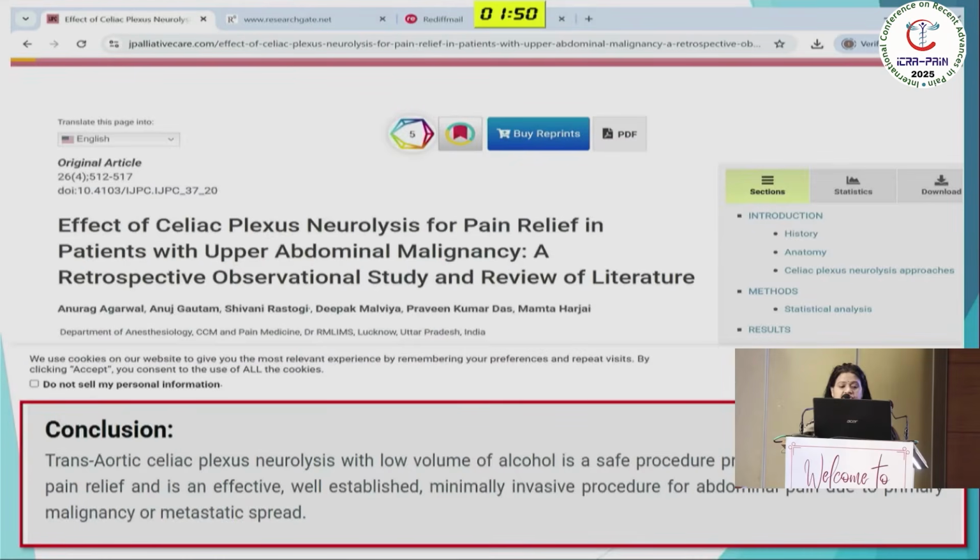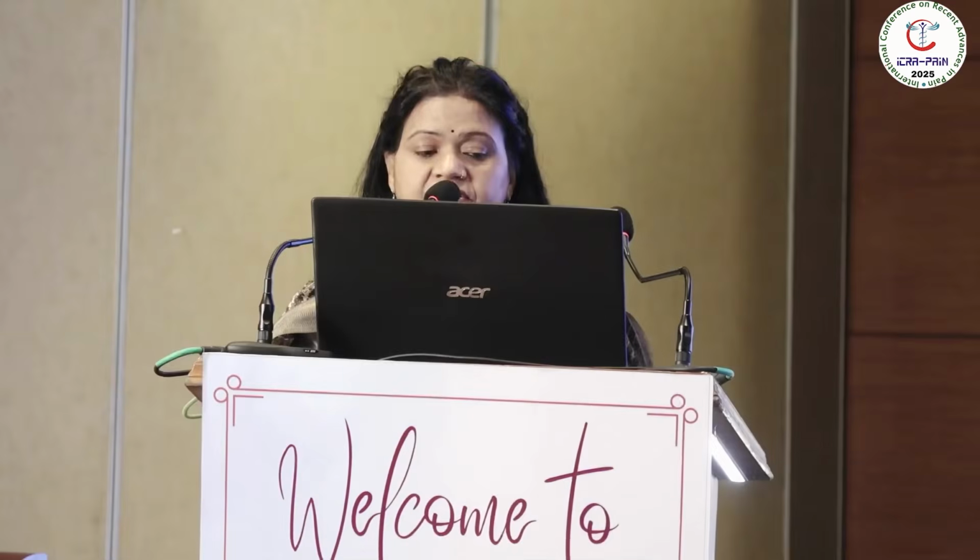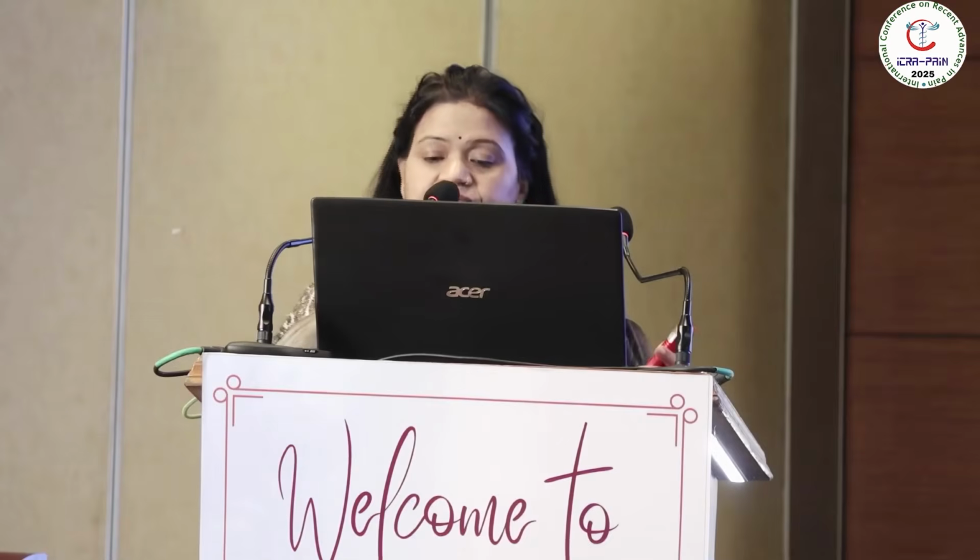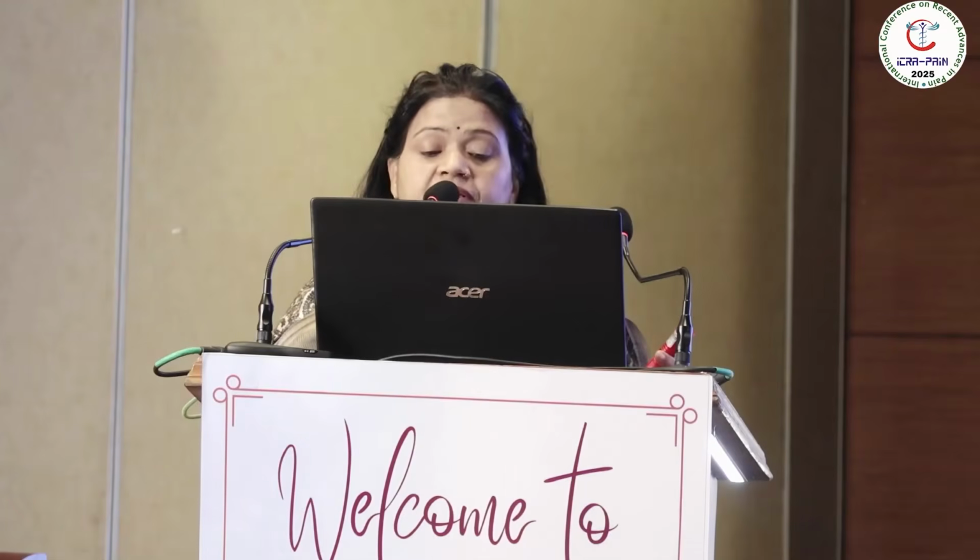There is another study which shows that transaortic celiac plexus neurolysis with a low volume of alcohol is a safe procedure. This was published by Dr. Anurag Agrawal, with follow-up up to 6 months. This is also very important because with ultrasound guidance we are very accurate and very precise, so the amount of alcohol is less as compared to other processes.